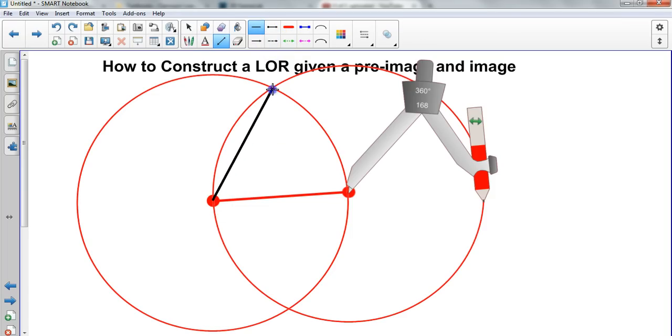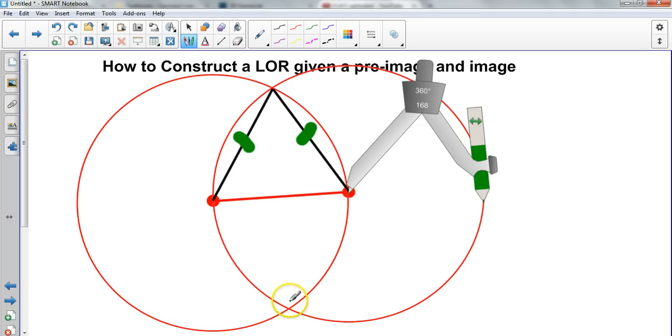If we think about this intersection point, that segment I just put in there is a radius of this circle, and because we kept the radius the same in both circles, when I make a radius of the right circle, both of these segments have to be the same, since they're radii of both circles. So therefore they have to be equal in length, right? So this is now an isosceles triangle.